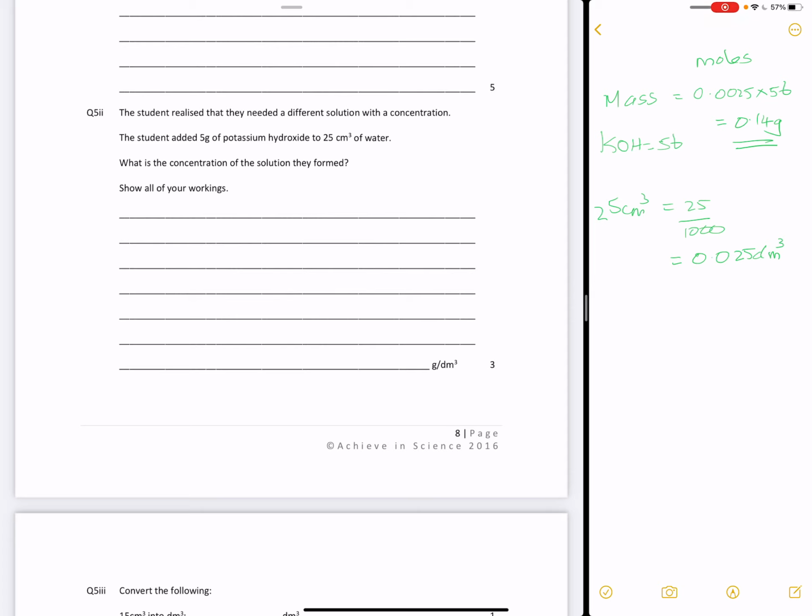So to find the concentration, so we have 5 grams. So concentration equals 5 grams divided by the volume. We get 200 grams per litre. And that's worth 3 marks.